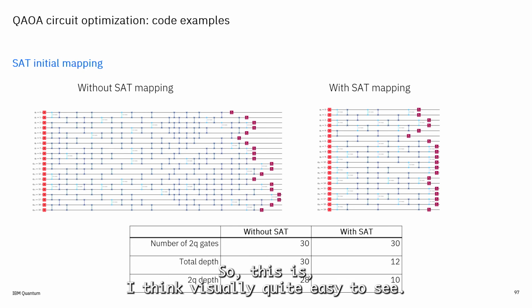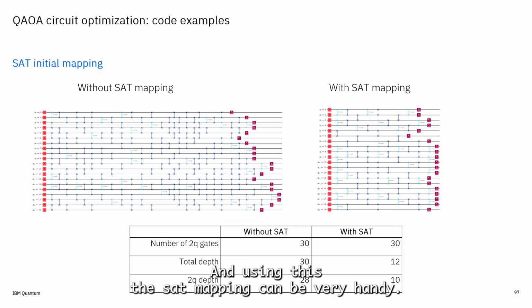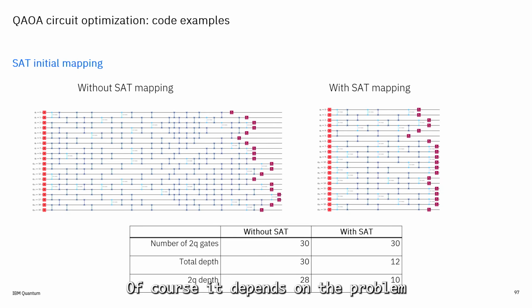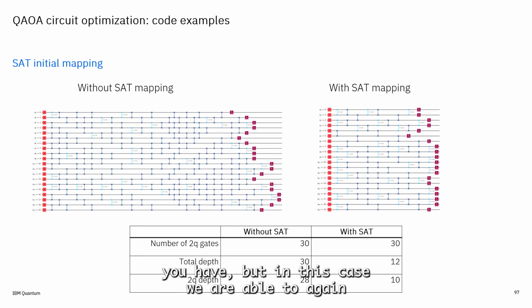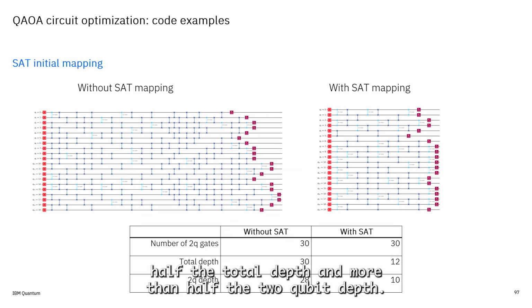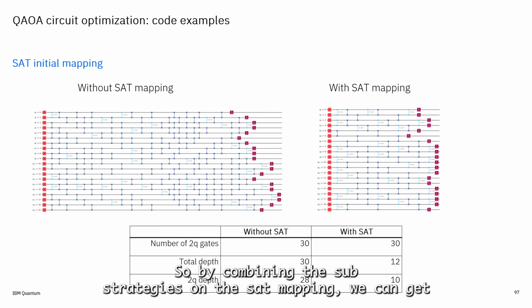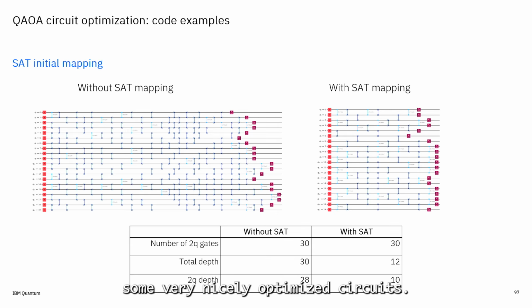So this is, I think, visually quite easy to see that using the SAT mapping can be very handy. Of course, it depends on the problem you have, but in this case, we are able to, again, half the total depth and more than half the 2 qubit depth. So by combining the swap strategies and the SAT mapping, we can get some very nicely optimized circuits.